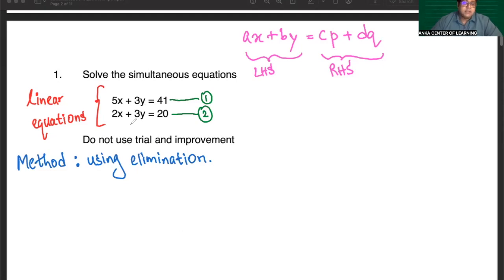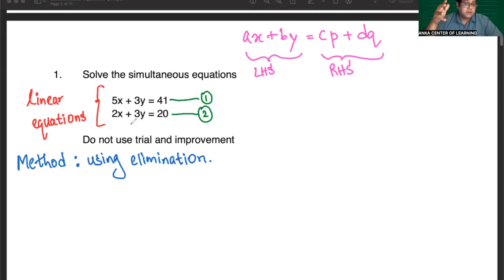What is the reason? Remember, I mentioned we need to observe the coefficient of the variables of both equation 1 and 2. The reason we are going to eliminate variable y is because if you look at both equations, the coefficient of y is the same.